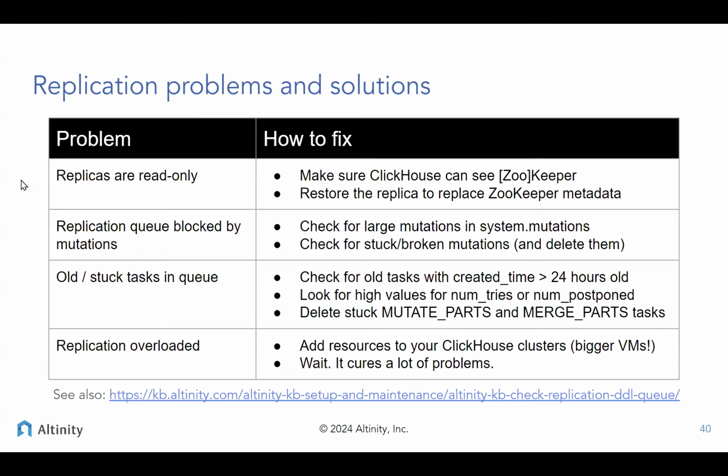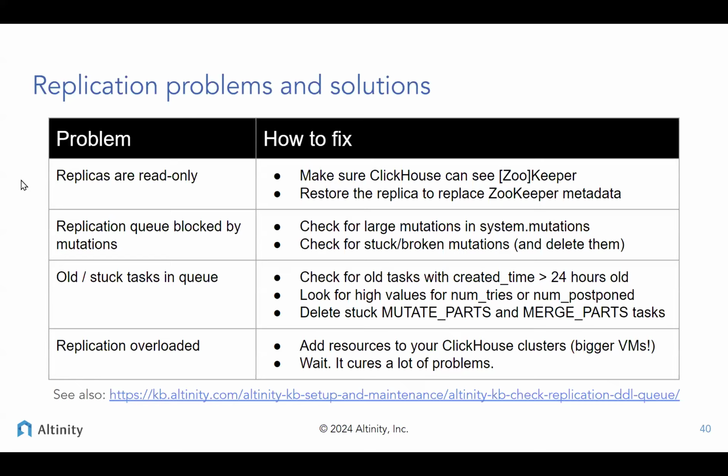For a variety of reasons, sometimes old replication tasks can just hang around. In that particular case, you can go and look at them. You can actually delete them out of the queue. For example, old tasks that are 24 hours old. If they didn't complete in 24 hours, they're probably never going to complete.